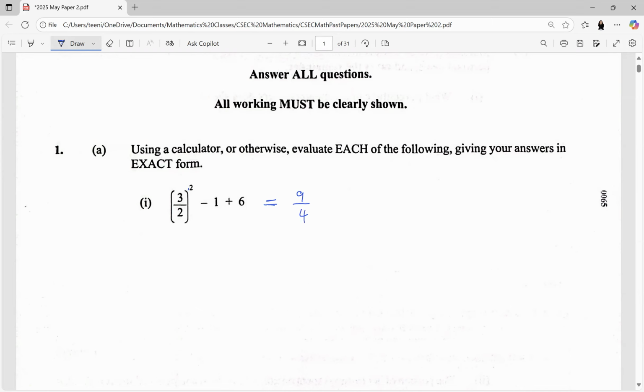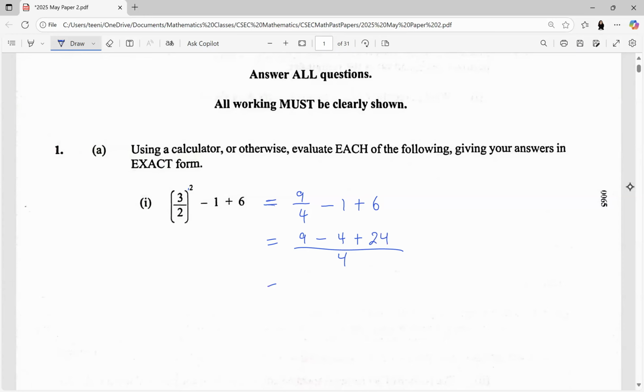So 9 quarters, take away 1, plus 6. We could change all of this to quarters, right? So this will be 9 all over 4. 1 whole is 4 quarters, and 6 wholes is 6 times 4, so that's 24.